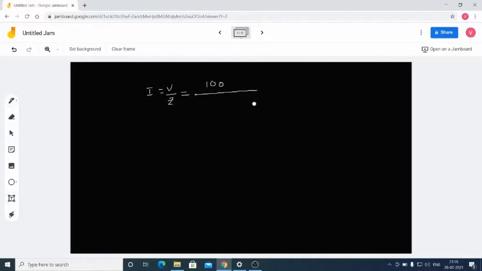What is resonance? We discussed resonance in the previous class. At resonance, what is the impedance?